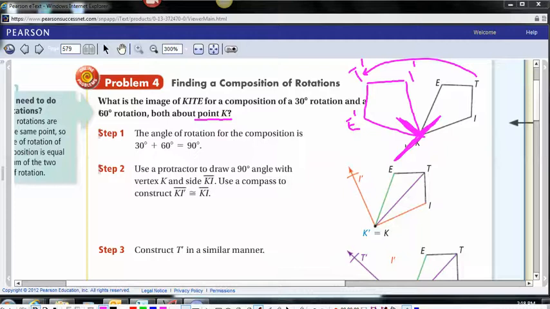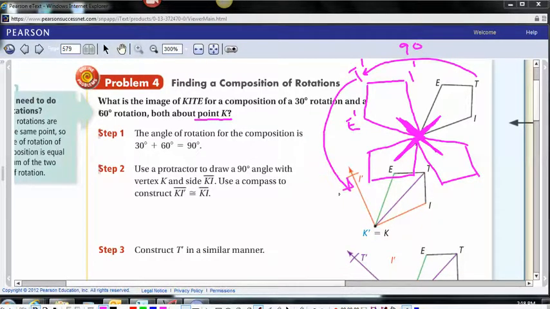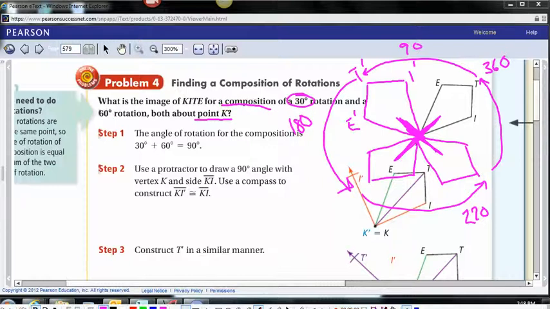And if you did this and this, this shape down here, how many degrees would that rotation be? 180. And then to here would be 270. And when you get it all the way back home, that's a 360 rotation. All right. But when you're asked for a composition of 30 and 60, just add them together and rotate it once, 90 degrees. Okay?